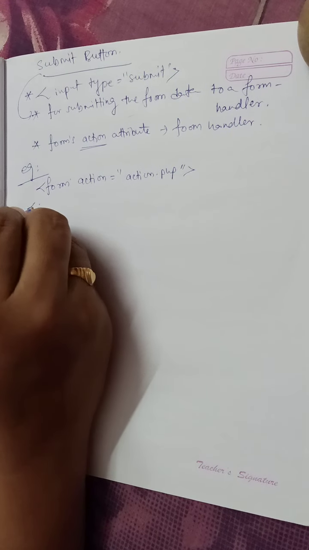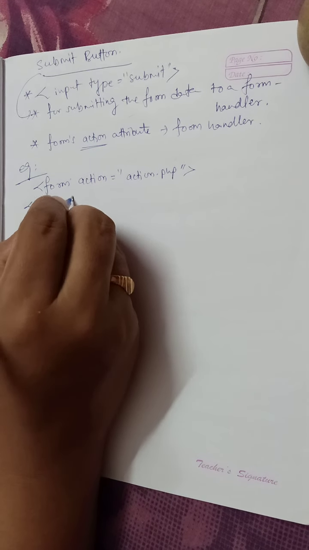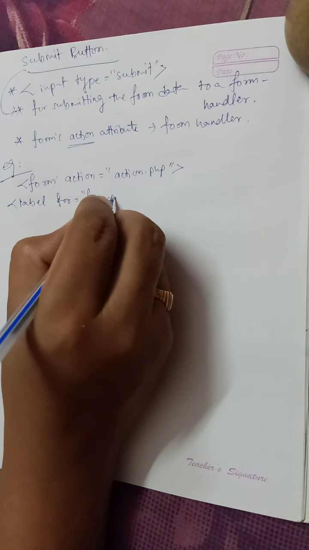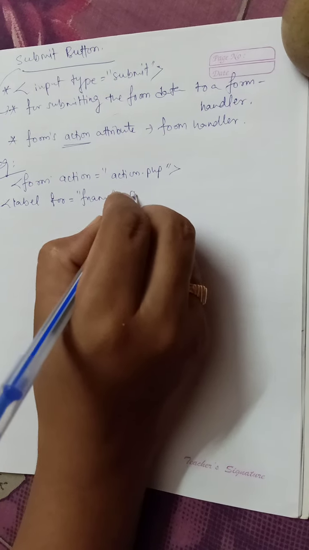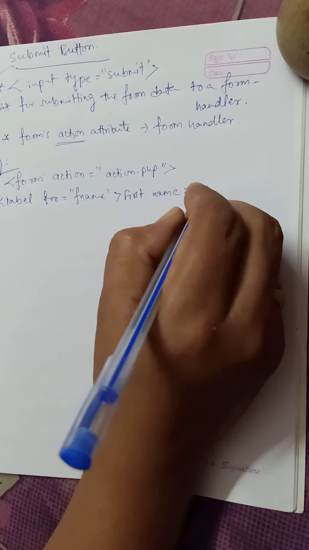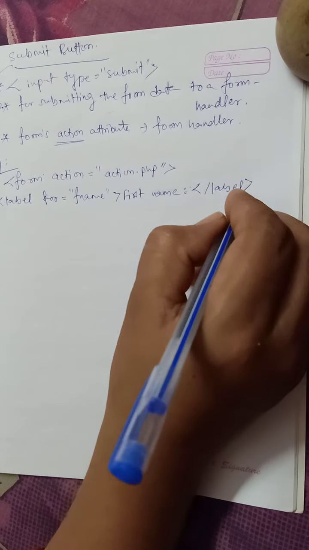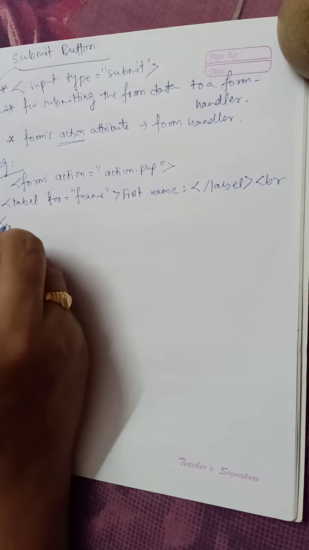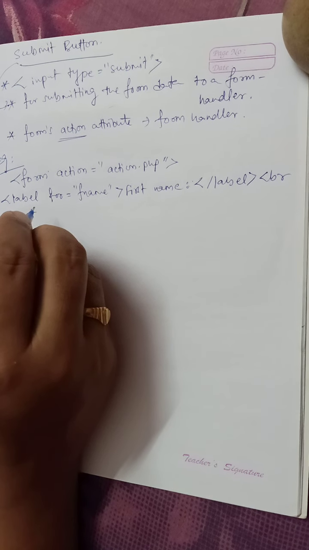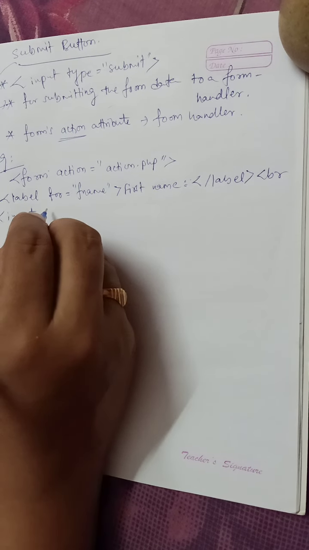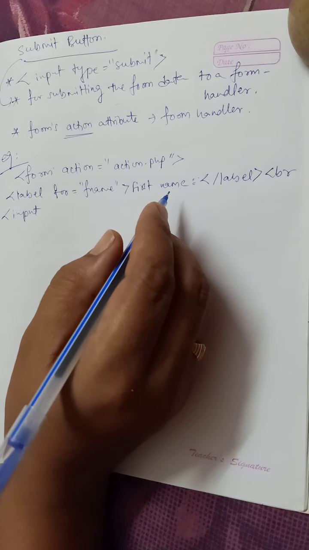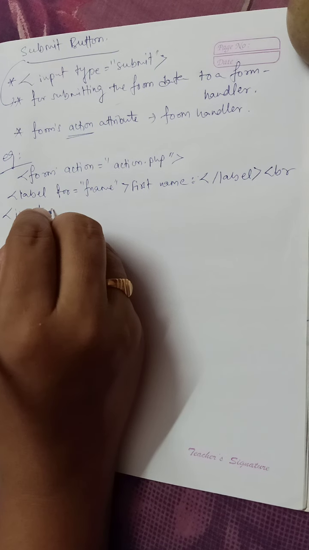So we go for a label, for suppose I'm mentioning fname, so the visible portion of the label is first name. Going to the next line, here I am designing only one text box. We have already seen how to design another text box, but for explaining this example for the submit button, I am taking only one input text.